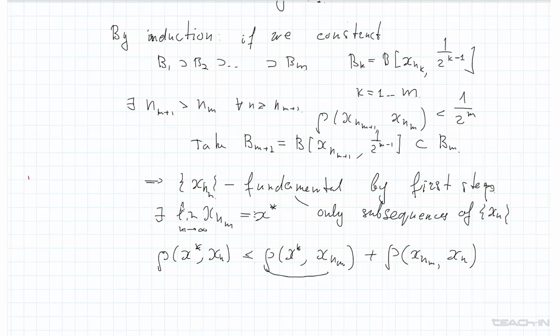This goes to 0 as m tends to the infinity, and this goes to 0 as m and n tend to infinity by fundamentality. So we show that the whole sequence tends to the same element.